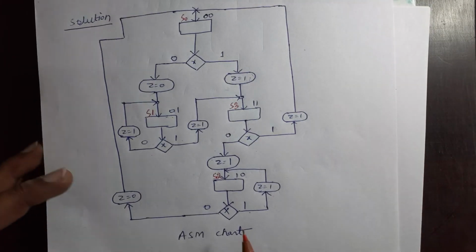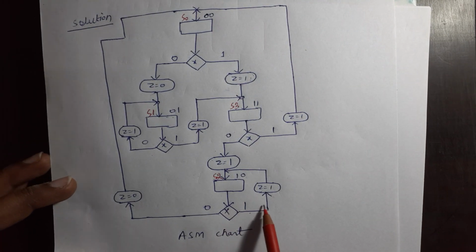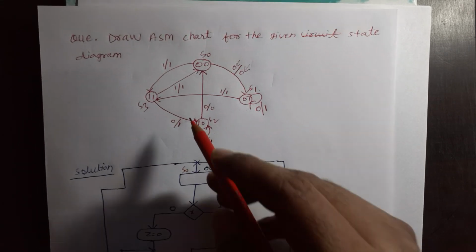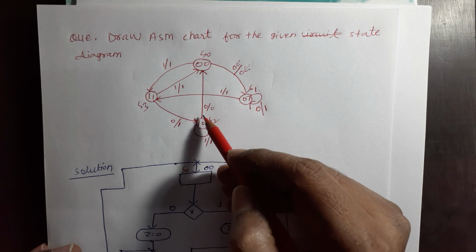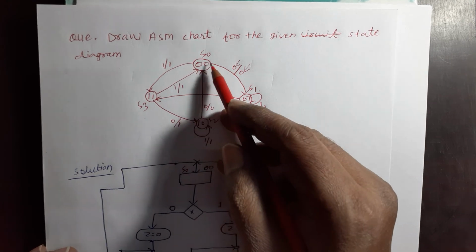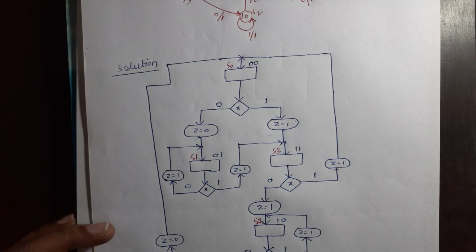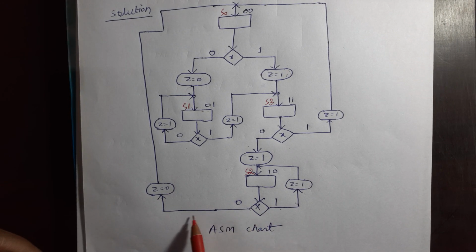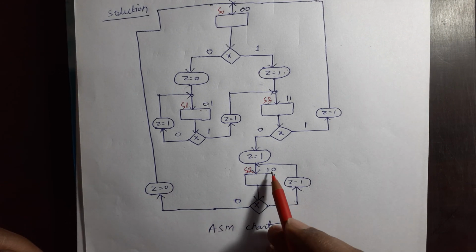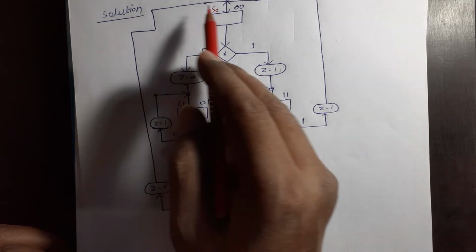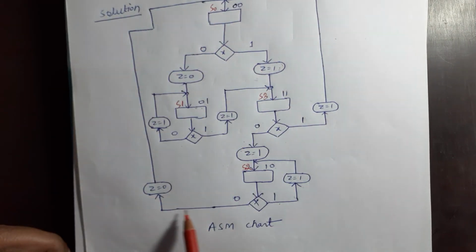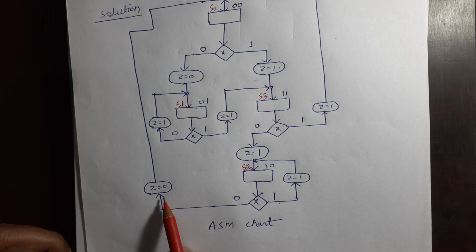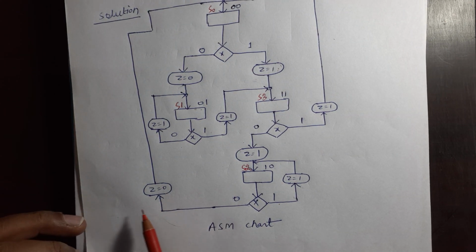So you can see, if the machine stays at the same state, we represent it this way, and z becomes 1. But when x equal to 0, then there is a transition from S2 to S0, that is, from 10 to 00. So it is shown like this, and in between there is an output, and that is z equal to 0.